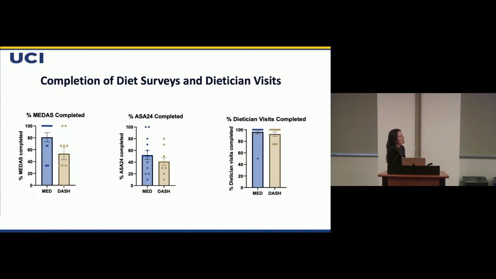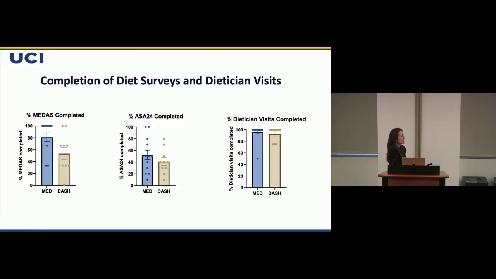So a MEDOS, which is a quick survey that people can do in about a minute or so, had good compliance. This ASA 24, which I have to admit is an extremely labor-intensive questionnaire, basically asking exactly what you ate for the past 24 hours, which I personally would not want to do. So it's not unexpected that we had a pretty low completion rate here.